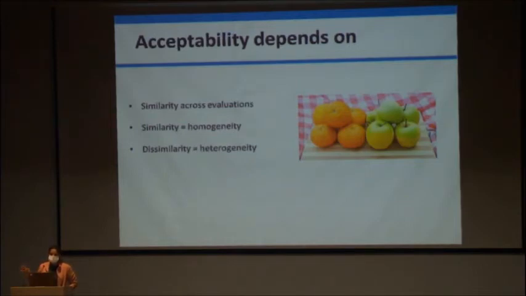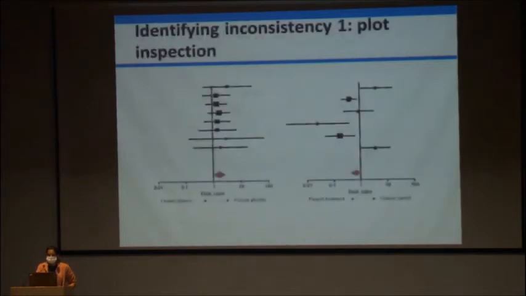Similarity is the term for that is homogeneity, and dissimilarity you could say is heterogeneity. So you don't want to be clubbing results that look like apples and oranges. So that's what it's referring to basically, consistency. So very intuitive. The first way to detect inconsistency is by looking at the plot.